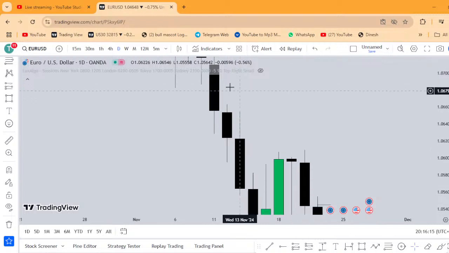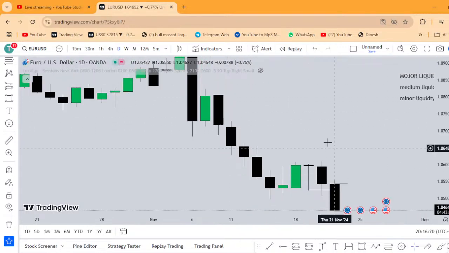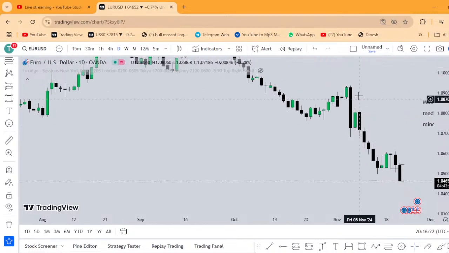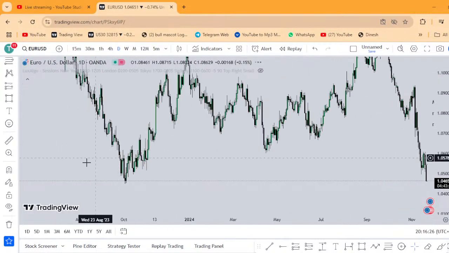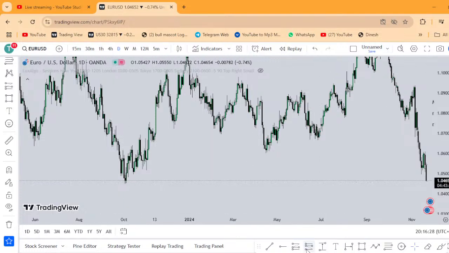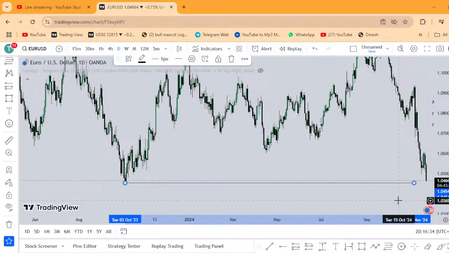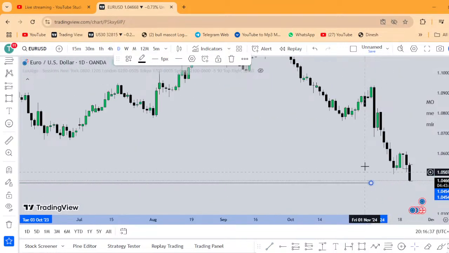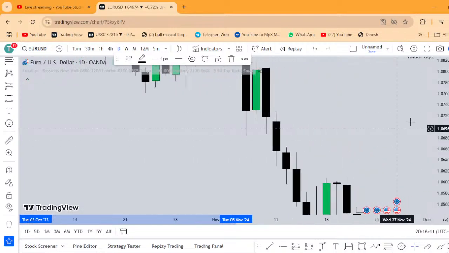So let's take a look at this price action here. This price action shows that the price is in a bullish market. You can clearly see price is in a bullish market and it is targeting these lows down here. So if price is still targeting these lows down here and it hasn't yet reached, you realize that if price is, for example, up here, we're looking for the kind of trading that we're going to consider.